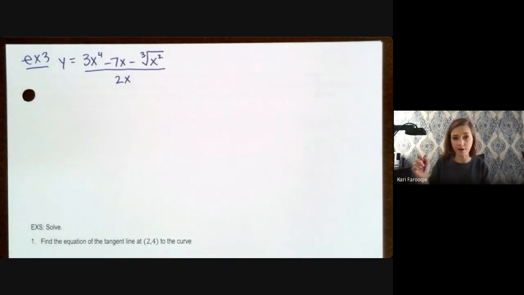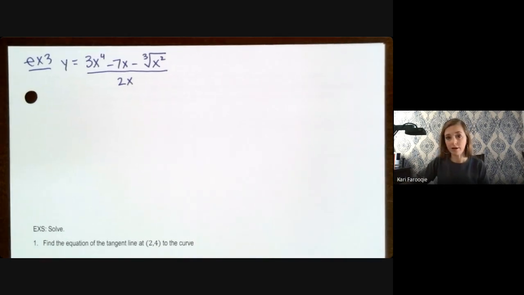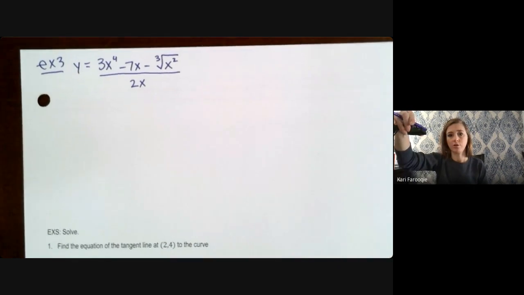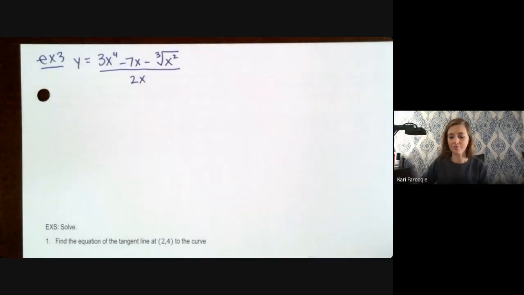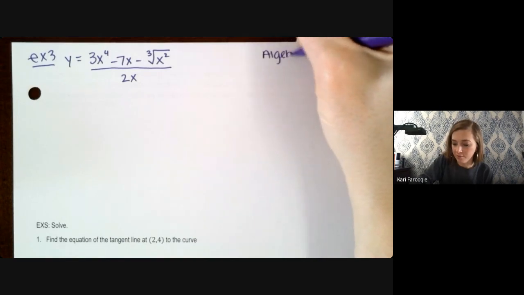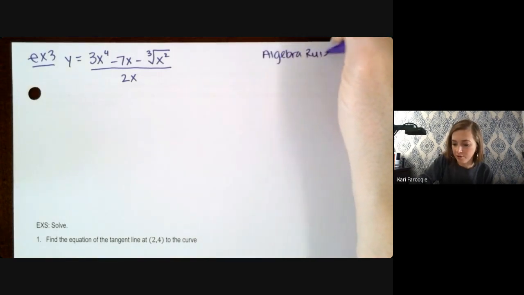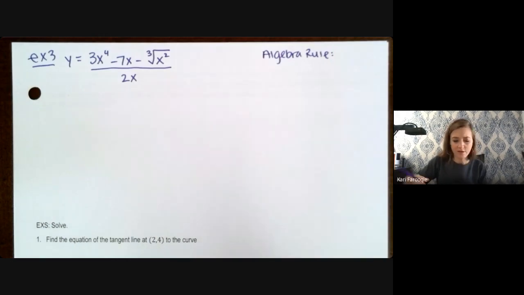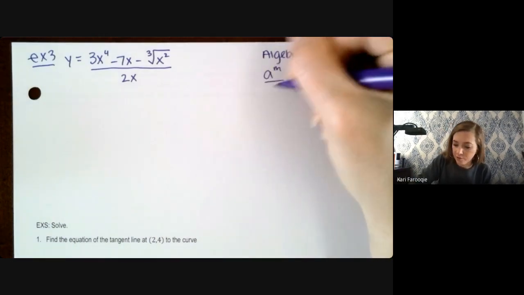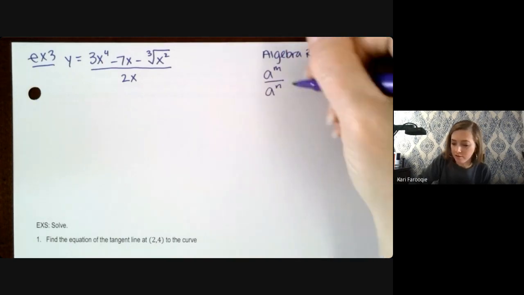Don't even think about it. We're going to have to rewrite this, and I'm going to give you another algebra rule to do that in case you do not remember. The algebra rule we're going to use a lot here. You're learning now that you didn't take algebra just for nothing. It's so that you could apply all that to what you're going to be doing in calculus.